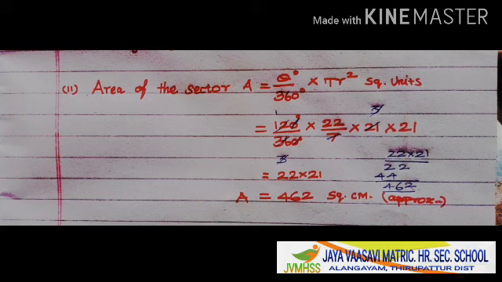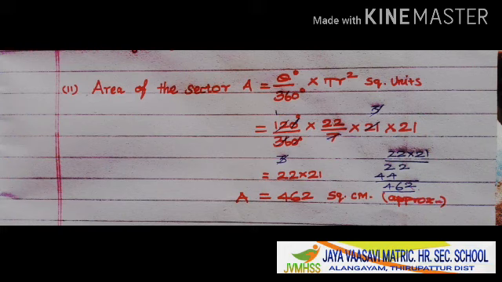Here also we cancel the zeros, and using the 12 table we cancel 12 and 36, we get 1 by 3. And next we cancel 7 and 21 using the 7 table: 1 7s are 7, 3 7s are 21. Next 3 and 3 are cancelled.